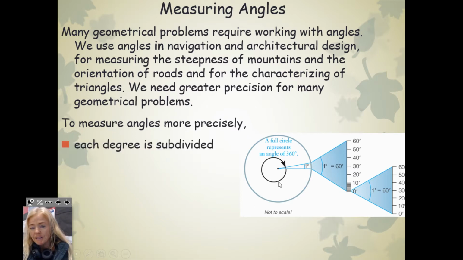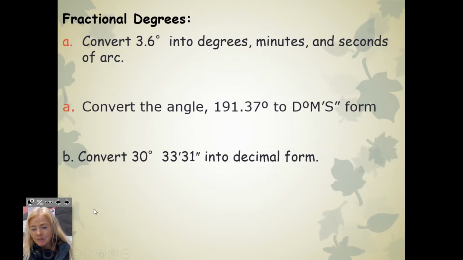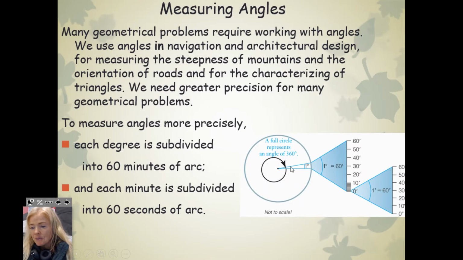If you're looking at this little picture here, we have the full circle is 360 degrees. Now, if we take one of those degrees and break it up, we can break it up into minutes. There will be 60 minutes. So we can have 20 minutes, or 40 minutes, or 52 minutes, but we can break up a degree into minutes, up to 60 minutes.